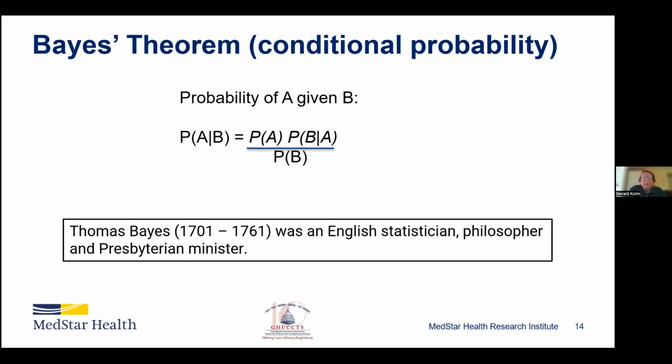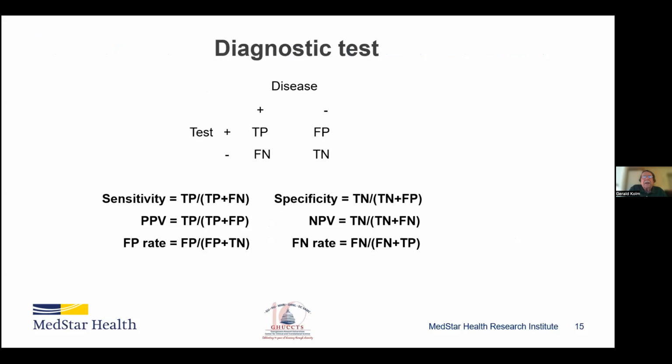So how do we then apply this? I want to give some examples here, and I'll begin with diagnostic testing. And so what I have here is sort of the classic 2x2 table of a test that's either positive or negative to determine whether a person has the disease, which is indicated by a positive if they have the disease or negative if they don't have the disease.